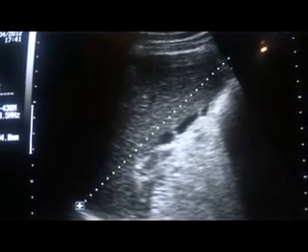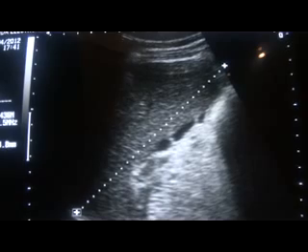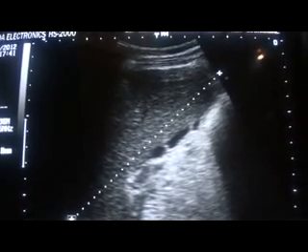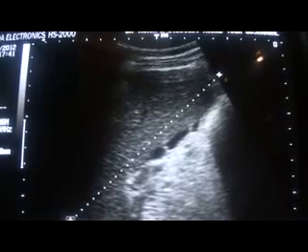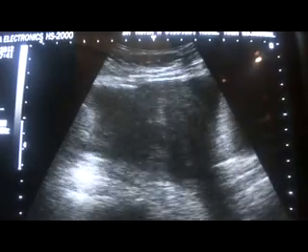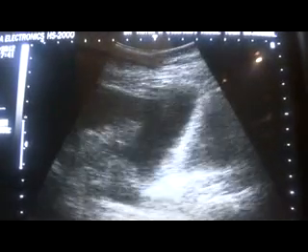This measures 48 by 40 millimeters, with this being the uterus, fundus, anterior wall, because we are seeing the uterus in transverse section.